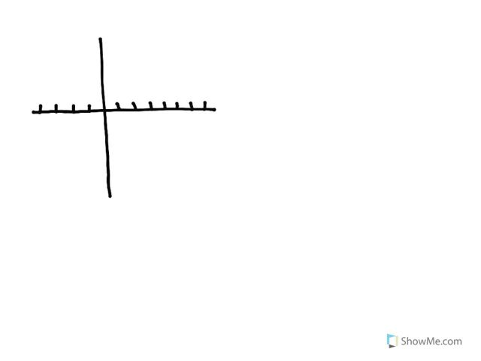Okay, so let's say I gave you a graph. Again, this is -1, and this is 1. Okay, and this is 2. Just so you know what the scale looks like. All right, so let's say you had a graph like this.